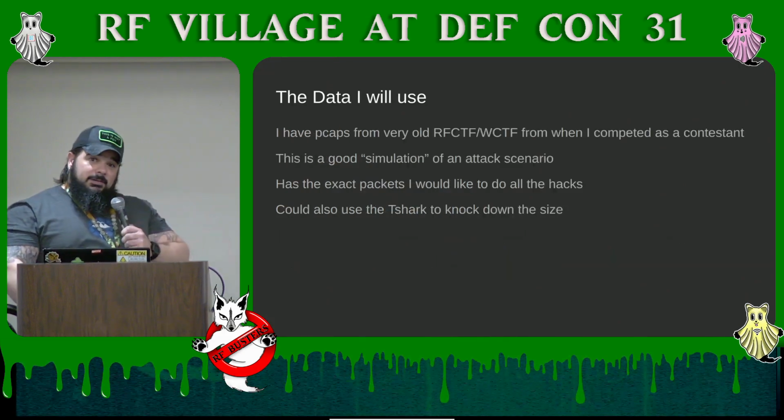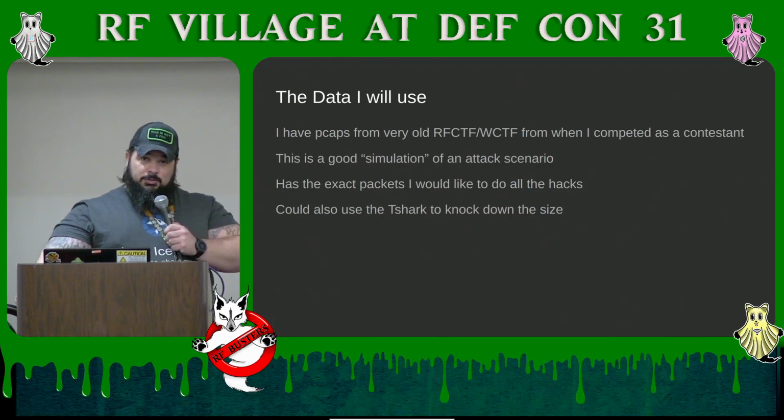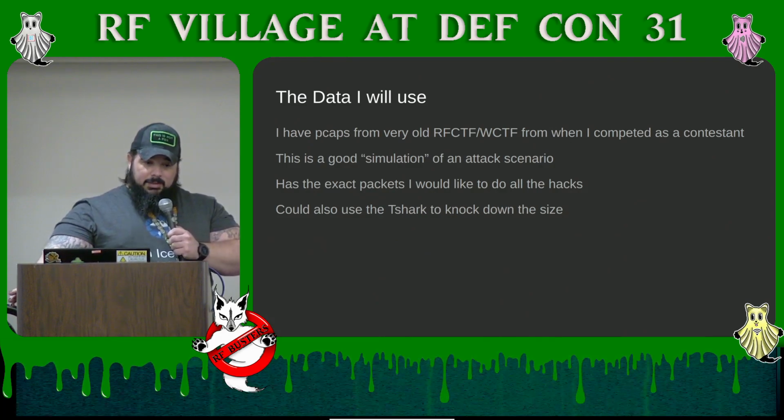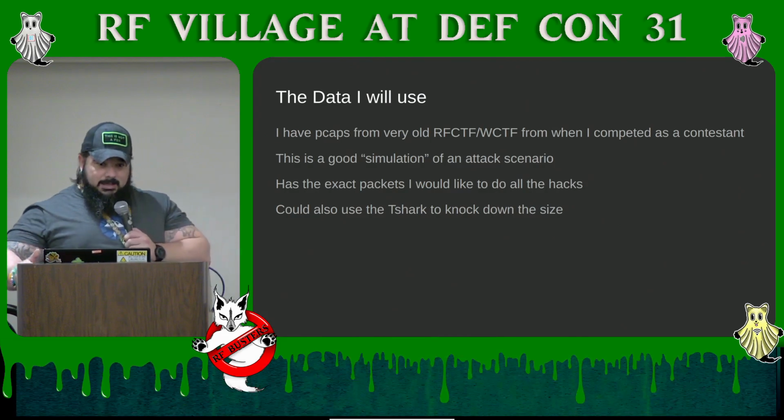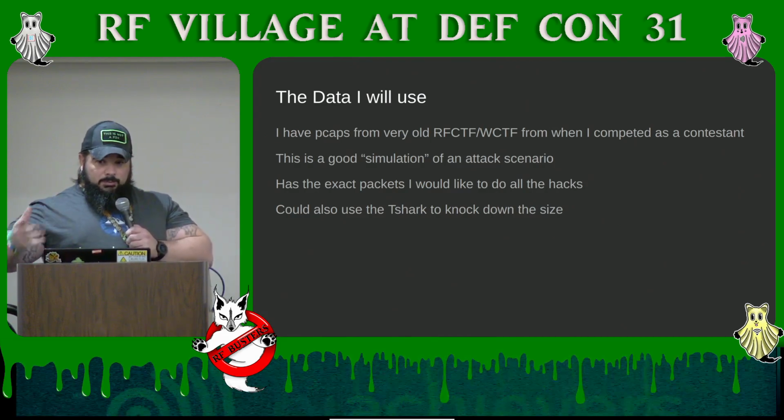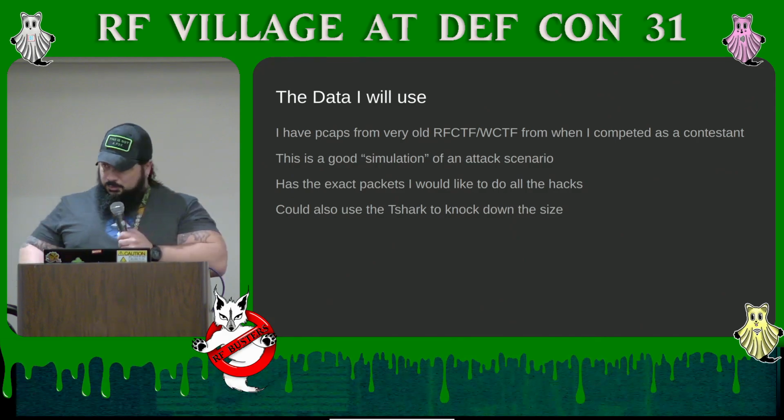I have at my disposal PCAPs for the RFCTF going back to 2012. So I have PCAPs with the exact data that I would want that would show me that my profile is working.